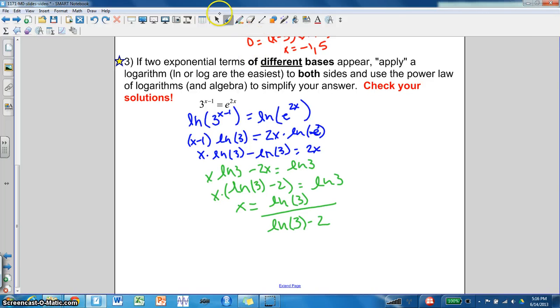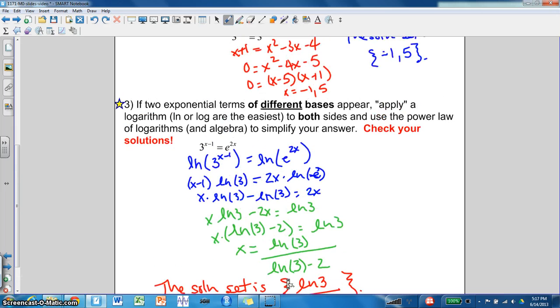We can go back and check it, and you're more than welcome to put it into your calculator or Wolfram Alpha and get an approximate value, but I'm going to omit that and just stick with this exact answer and write the solution set is, open a curly brace, natural log of 3 over natural log of 3 minus 2, curly brace, period, and we're done.